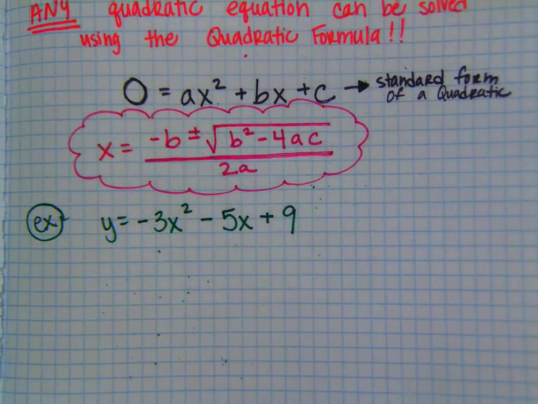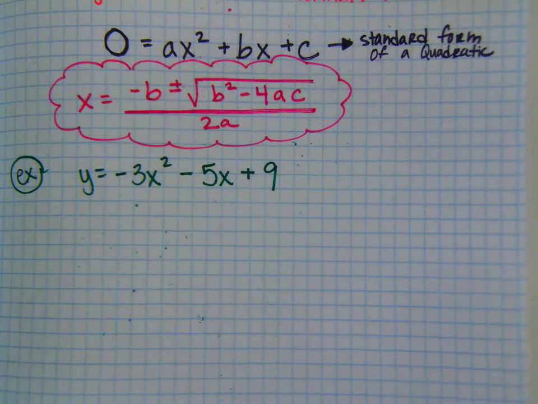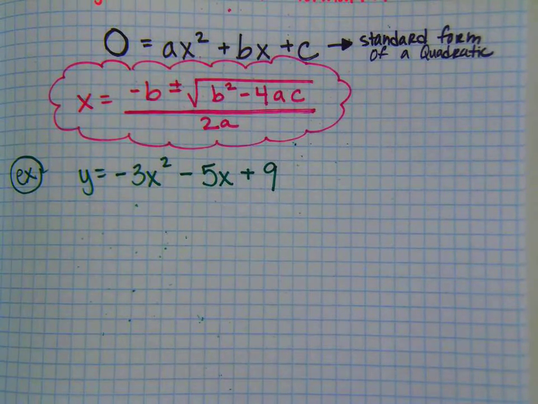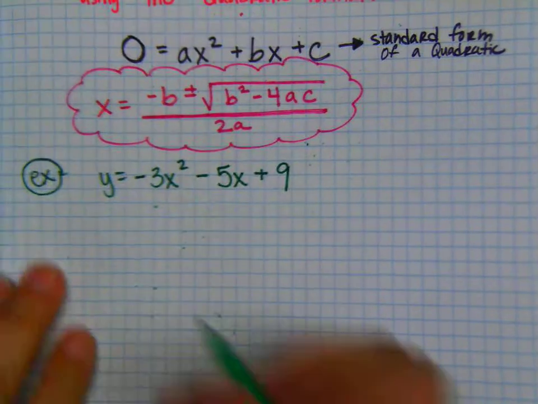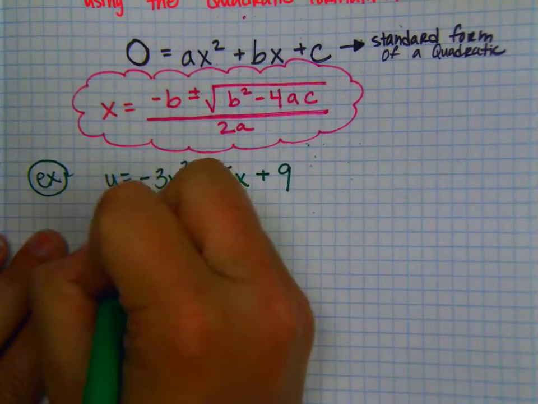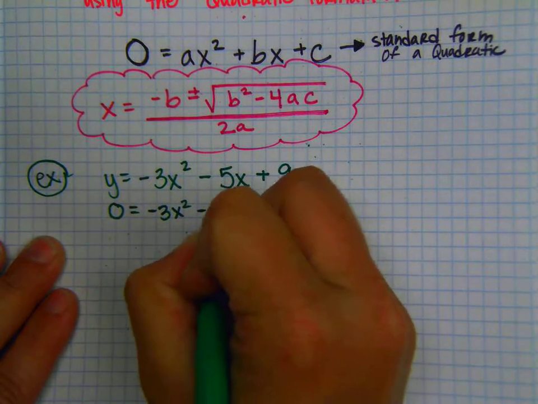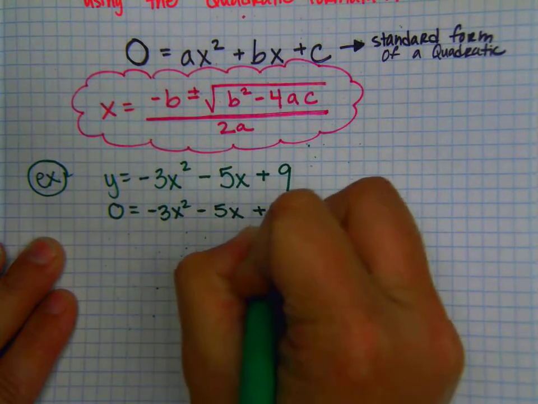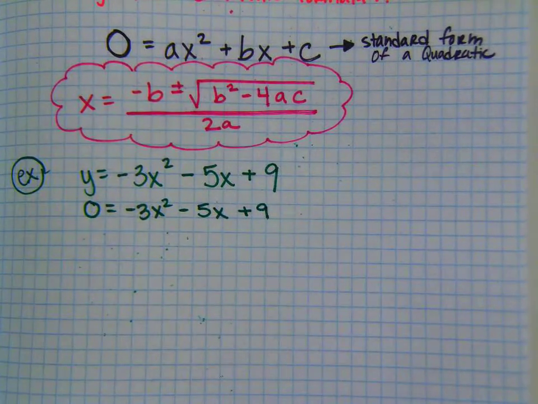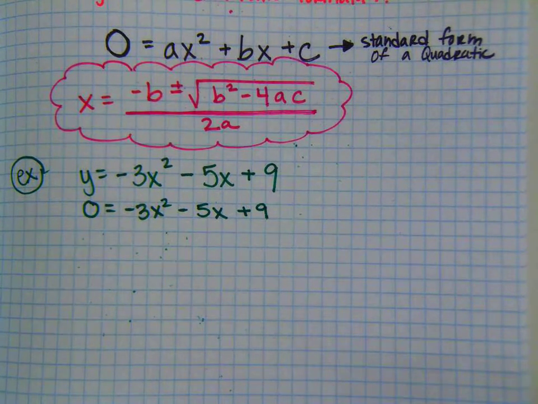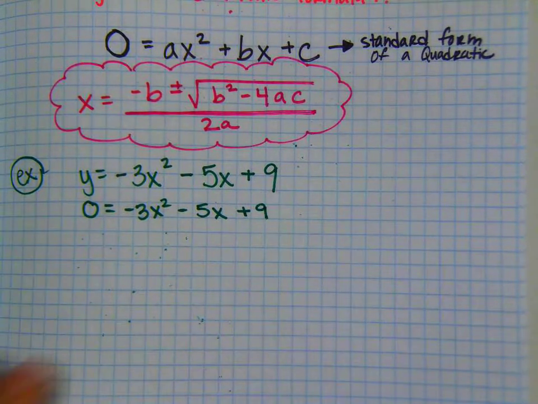Okay. So we have y equals negative 3x squared minus 5x plus 9. Well, first off, we need it to equal 0. So this is going to be 0 equals negative 3x squared minus 5x plus 9. Now, let's go ahead and identify what a, b, and c are.